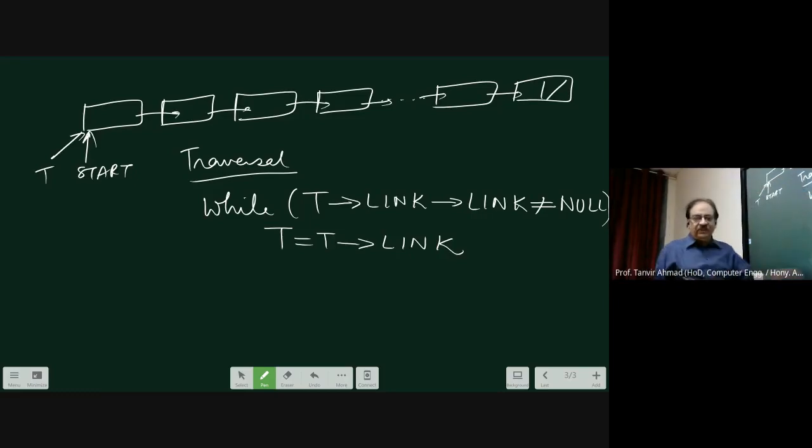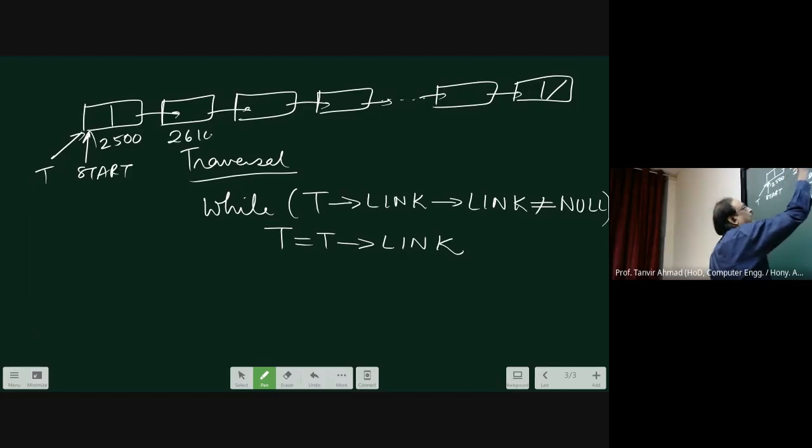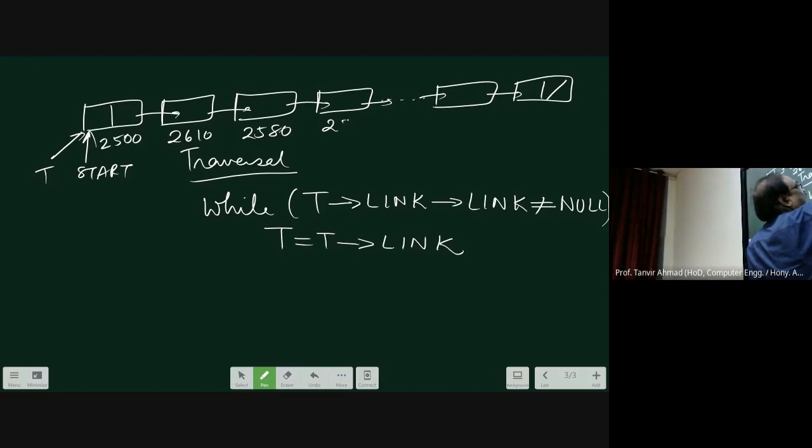Now let us try to see this statement. Now let us take this one. Suppose this is say 2500, this is say 2610, this is 2580, this is 750, this is 2690, suppose this is 2800.